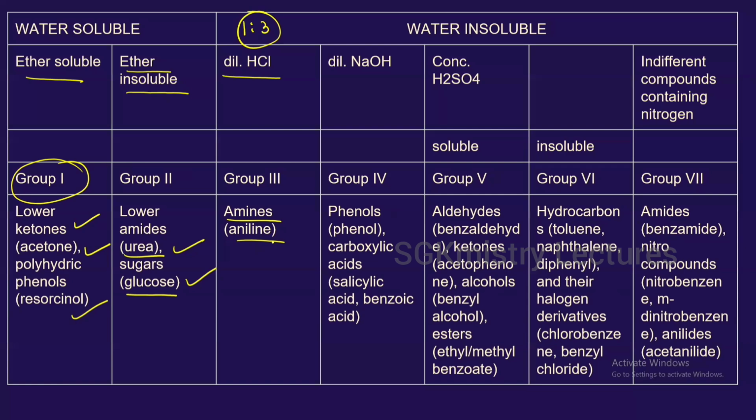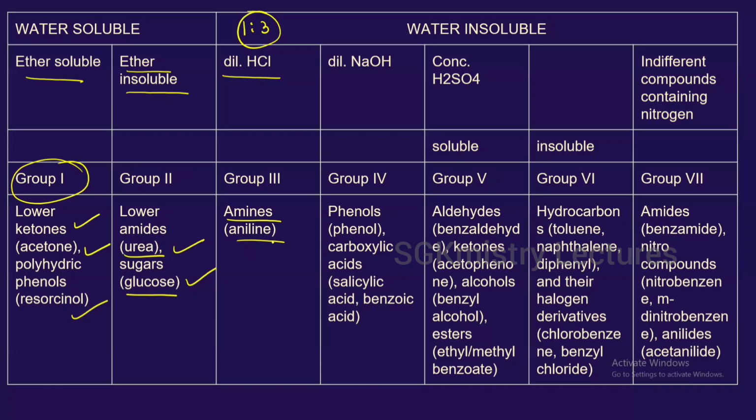So suppose aniline is given, first thing, if a brown liquid is given, you check the smell. If the odor is fishy, you get an idea it may be aniline. Then you check for the presence of nitrogen. If nitrogen is present by making use of the sodium fusion extract, you'll be almost sure that it may be aniline. Then check for the solubility test.